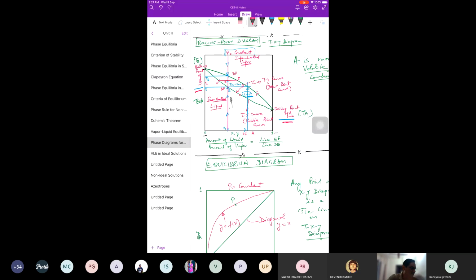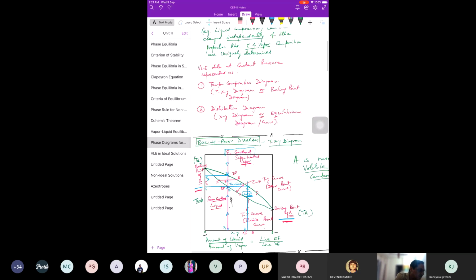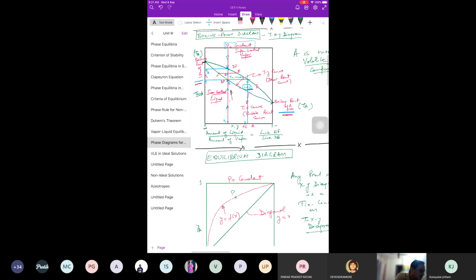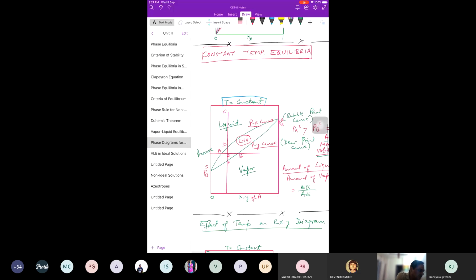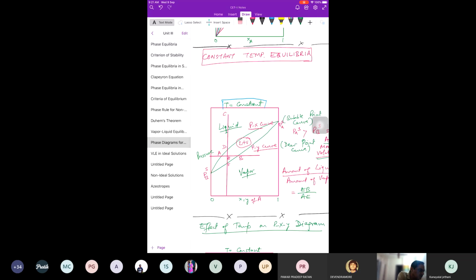If you take a Pxy diagram, it is the same thing: the point is somewhere in between these two curves. The overall composition is given, which means the vapor plus liquid composition is 70% acetone.